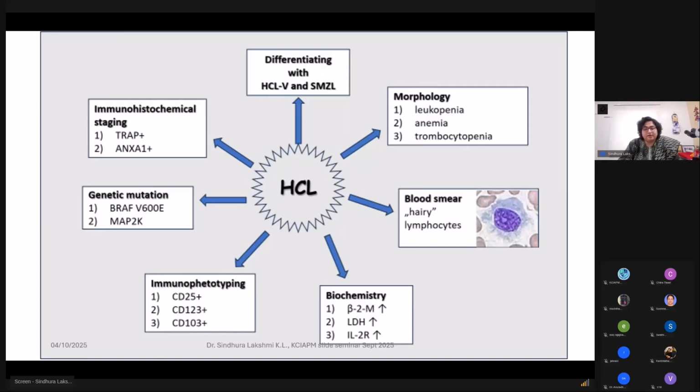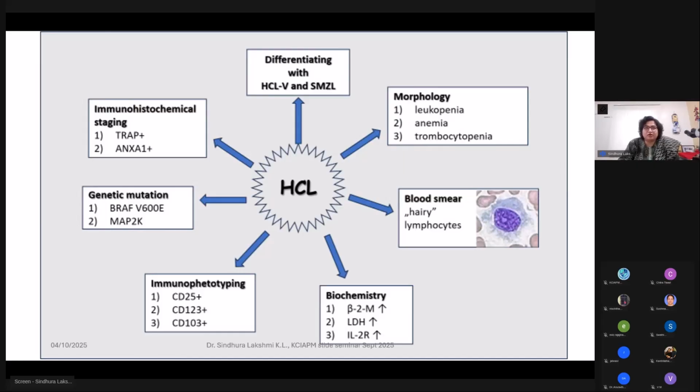In biochemistry, there will be increased beta-2 microglobulin, increased LDH, and also IL-2 receptor. So these are prognostic markers. When we do flow on the bone marrow aspirate, or on the peripheral blood, there will be CD123, CD103, and CD25 positivity, along with CD11c.